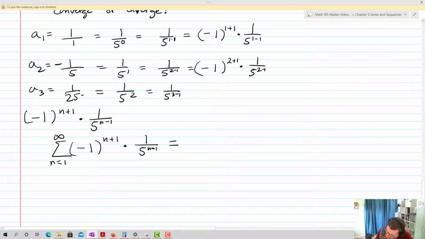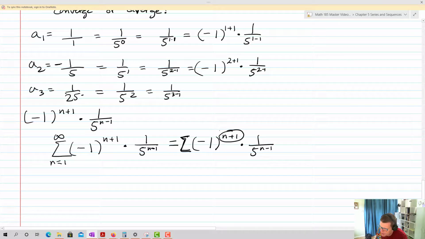So this will be negative 1 to the n plus 1, times 1 over 5 to the n minus 1. I have a problem here with this n plus 1.